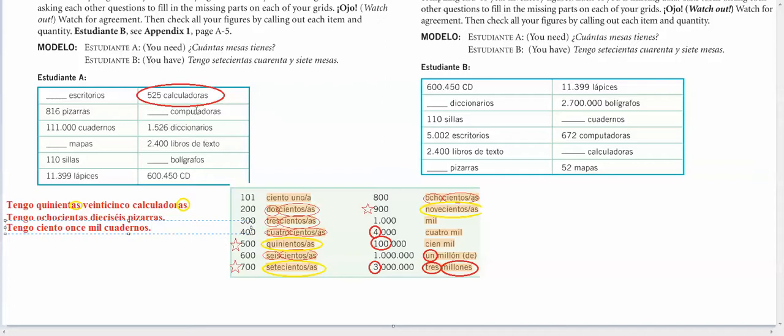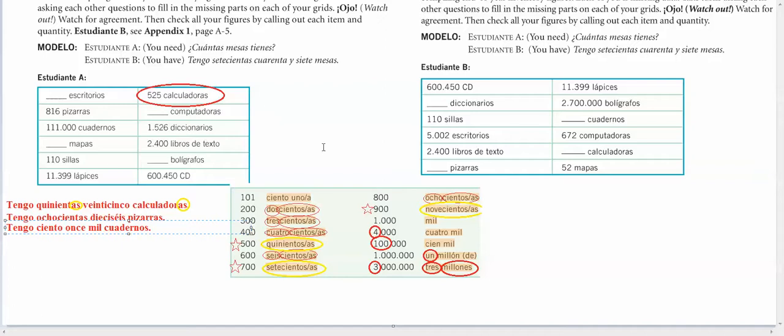So like if I look over here, let's see if I can find one. I don't see any. Okay, so it doesn't even matter if your hundreds are in your thousands place, but even though they're here, they're all masculine anyway.